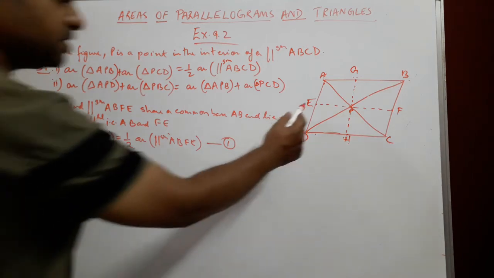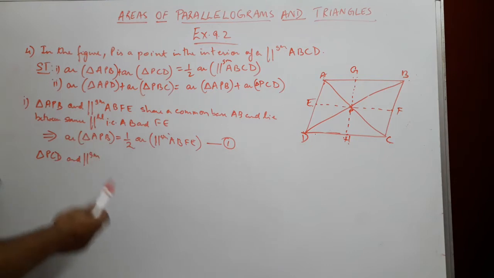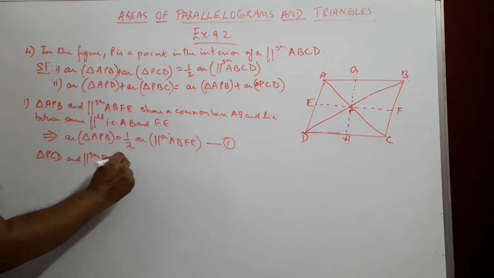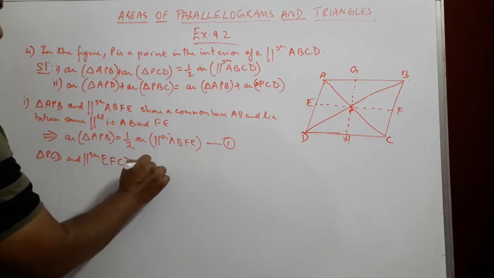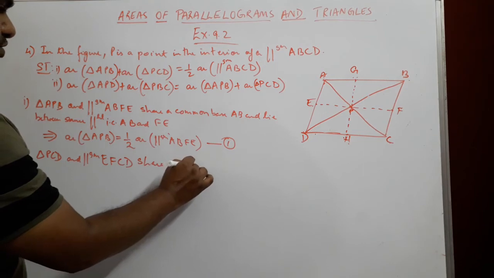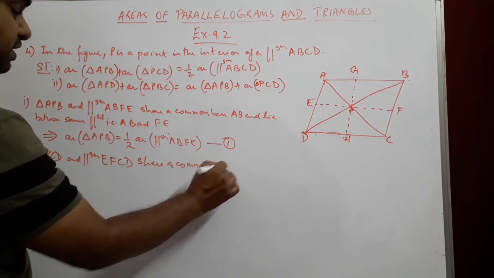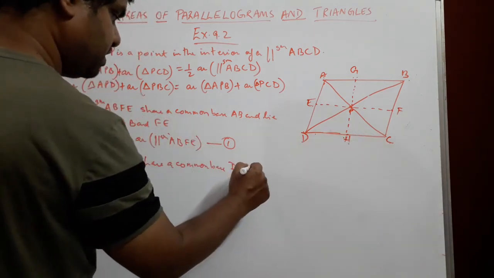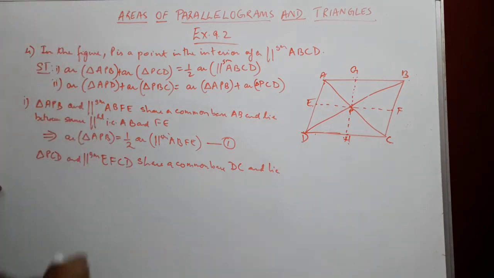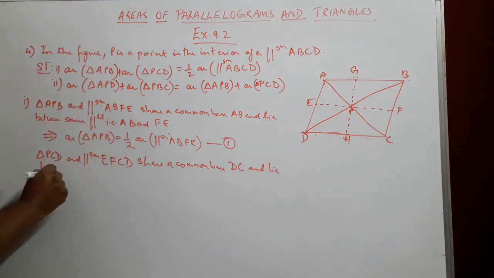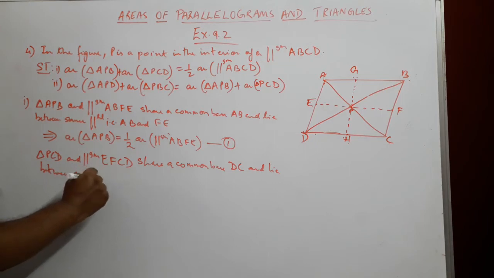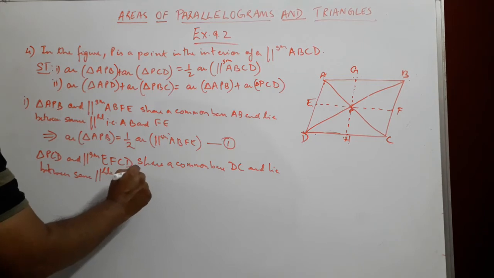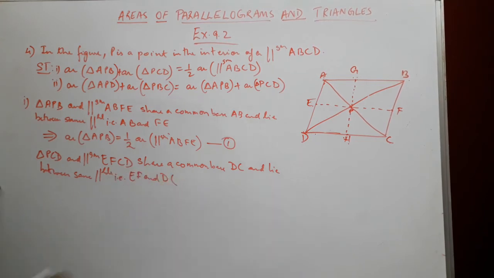This time the parallelogram will be the one below, so that is your EFCD. Triangle PCD and parallelogram EFCD share a common base, and that base is DC, and lie between the same parallels, that is EF and DC.